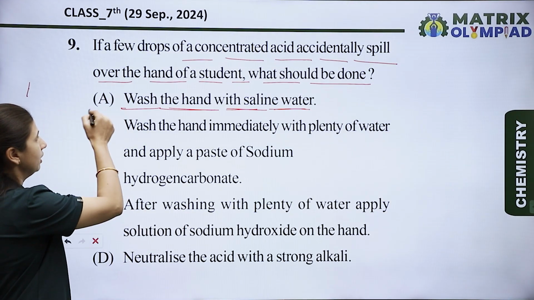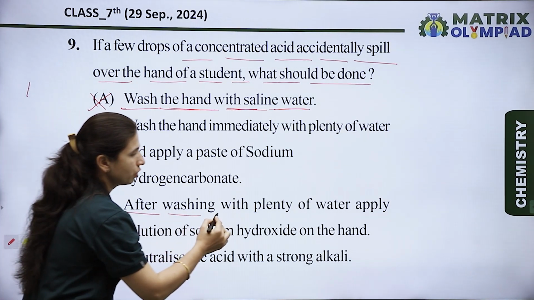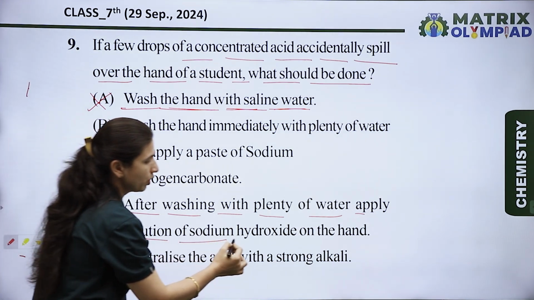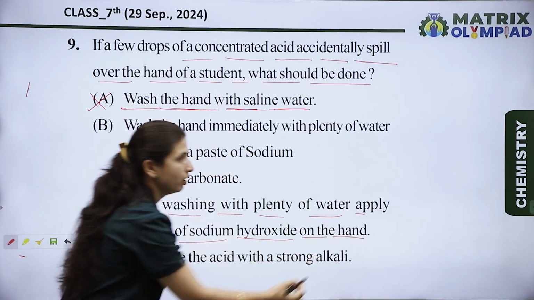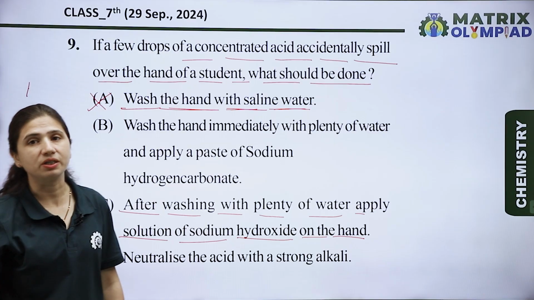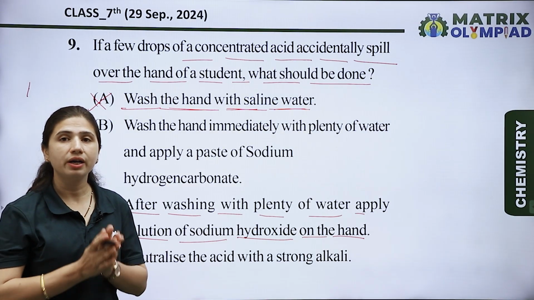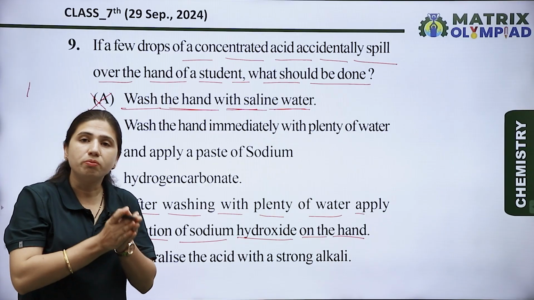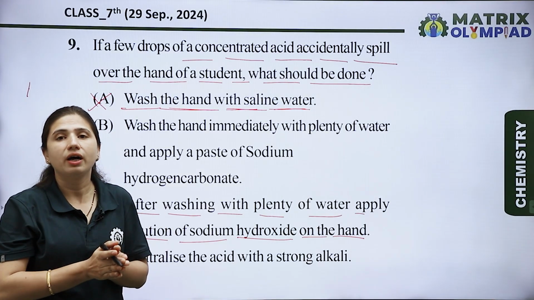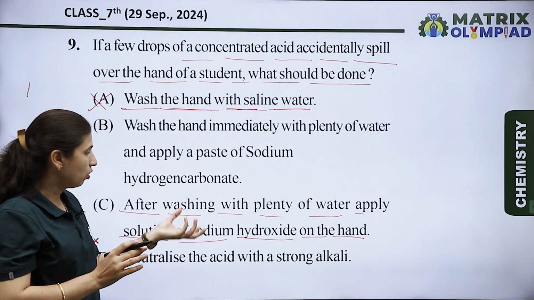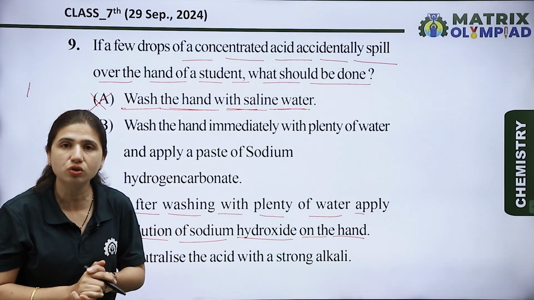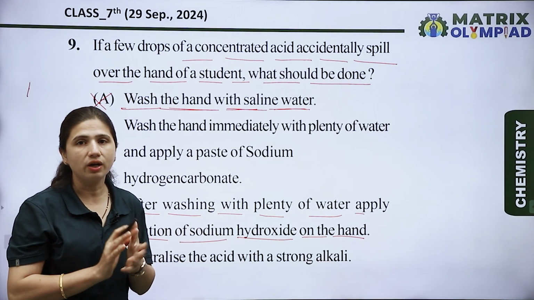Now let's see option C. After washing with plenty of water, apply a solution of sodium hydroxide on the hand. Sodium hydroxide is a base, and it is a strong base. Strong bases like sodium hydroxide are as corrosive, and also dangerous like strong acids.